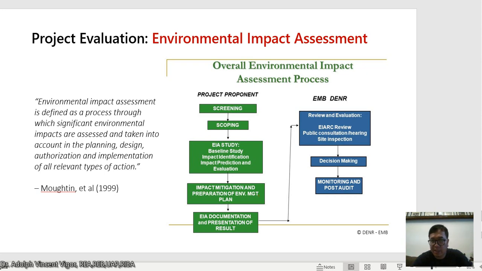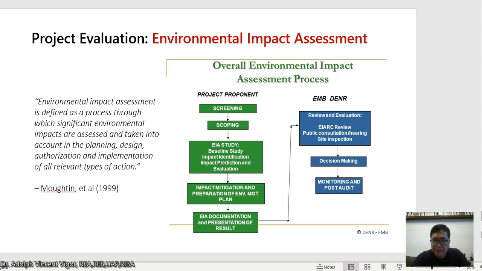So the first is the screening. Next is the scoping, and you have here the EIA study or the environmental impact assessment study, which is the baseline study, the impact identification, the impact prediction and evaluation. After that, you have the impact mitigation and preparation of environmental management plan. And then you have here the EIA documentation and presentation of results.